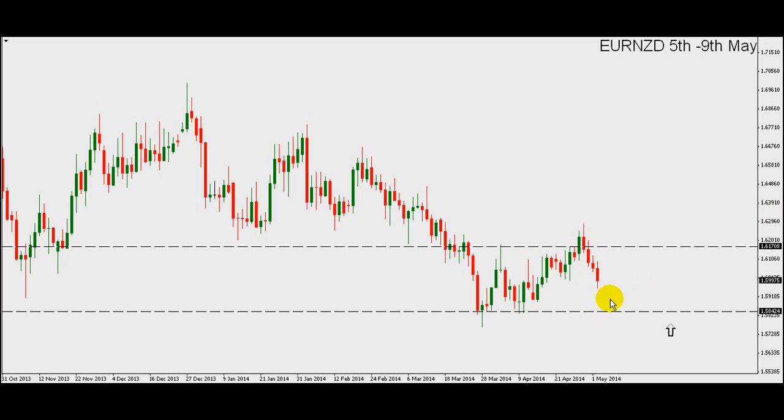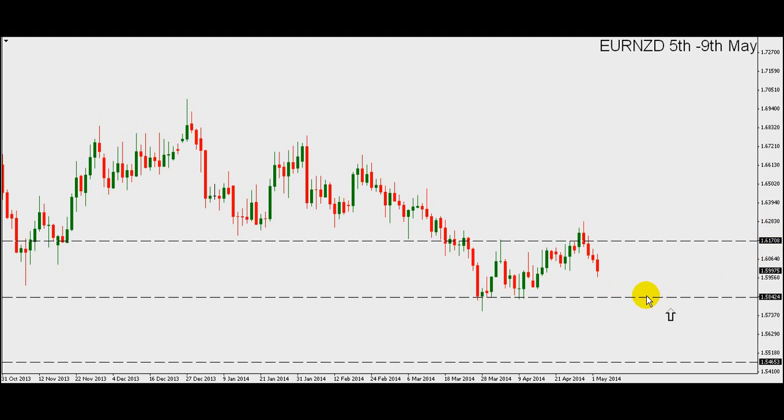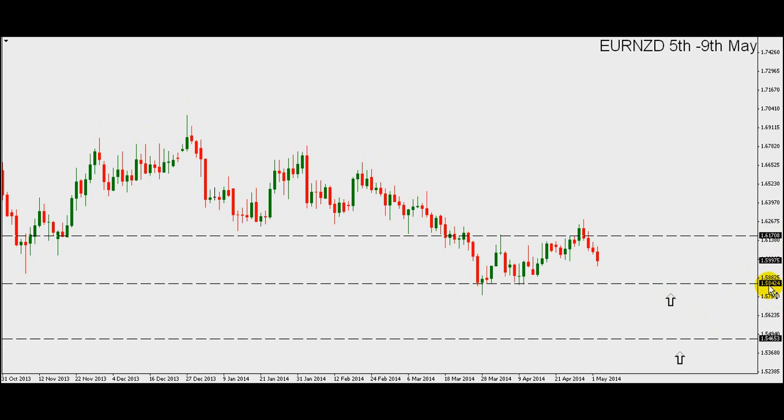And if we drop down through here and we break this line here at 158.424, then you've got to wait for a pullback before you start taking short positions. And the next level down there is 154.653.